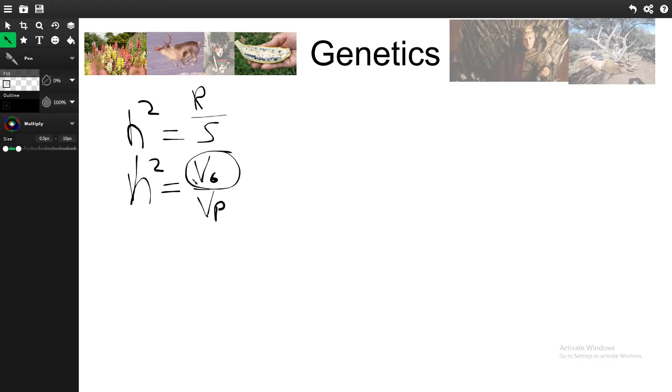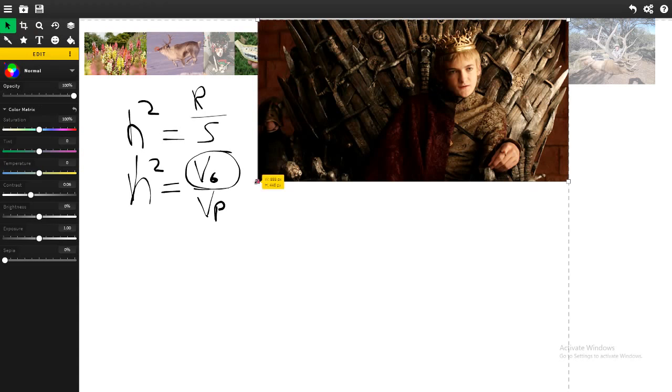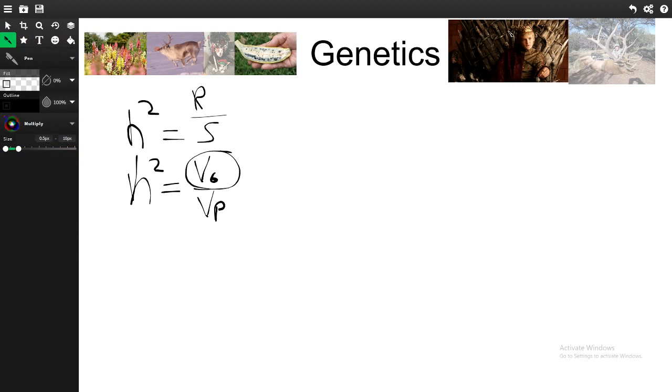So if an extreme is being selected for, there needs to be a decent amount of genetic variation in the population. So no inbreds. Sorry, Joffrey. No inbreds.